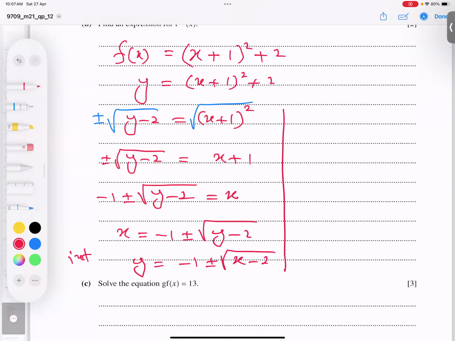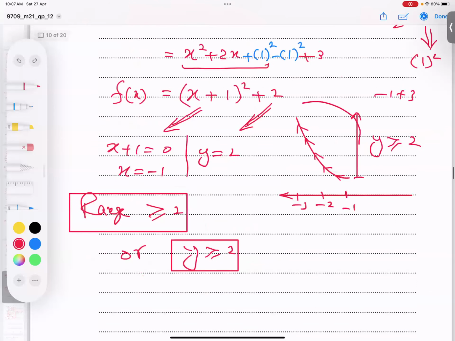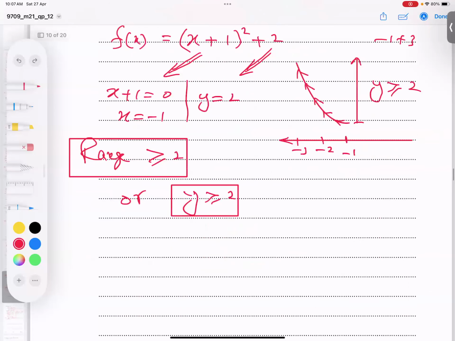Now students, when I interchange, this is a problem we have. So this is called f inverse, but I must write here any one sign. Where? I'll show you once again. Here, I can't put two signs. You see this diagram? This diagram is helping you, but let me tell you the way. If you have the right part of the curve, we always put plus.